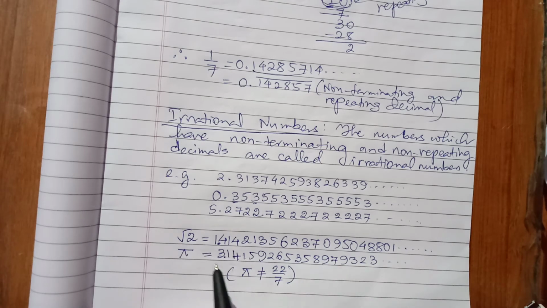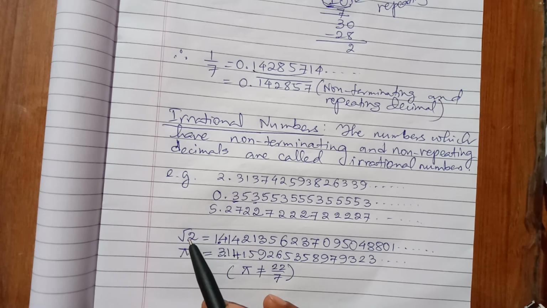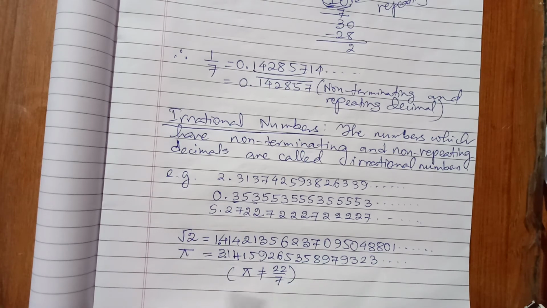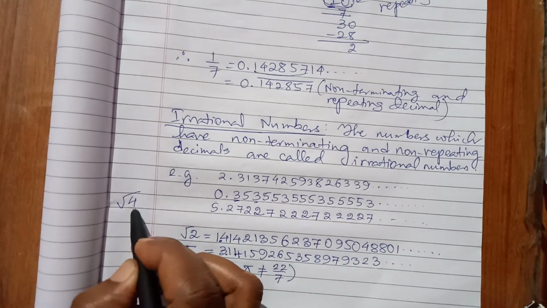And also you see root 2. We know that the numbers containing root over sign are always taken as irrational numbers. Here 2 is containing root over sign, so this root 2 is an irrational number. But one thing I think you have remembered, 4 is contained in root over.